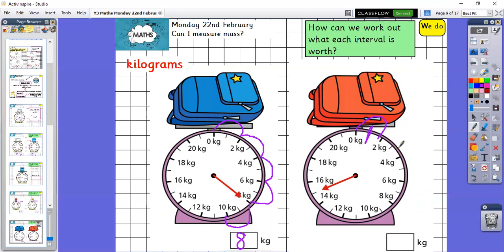So for each interval, if it's 1 kilogram, I can be thinking, oh, okay, so I've got 2 kilograms, but I know that this one here is 1 kilogram. 4 kilograms here, but I know that this one here in the middle there, it's going to be 3. It's almost like you're counting in ones this time because we're going 1, 2, 3, 4. What would this one then be?